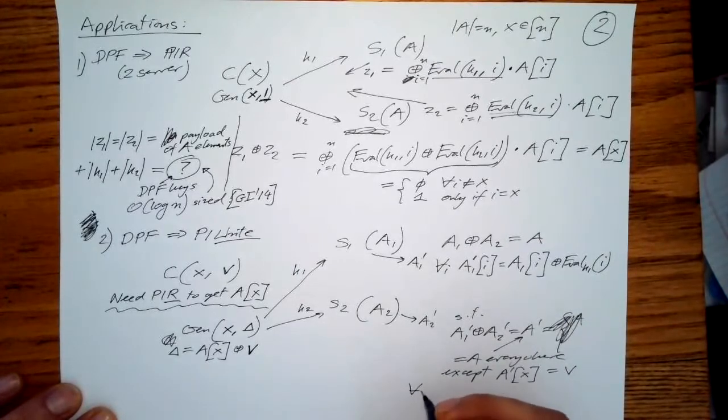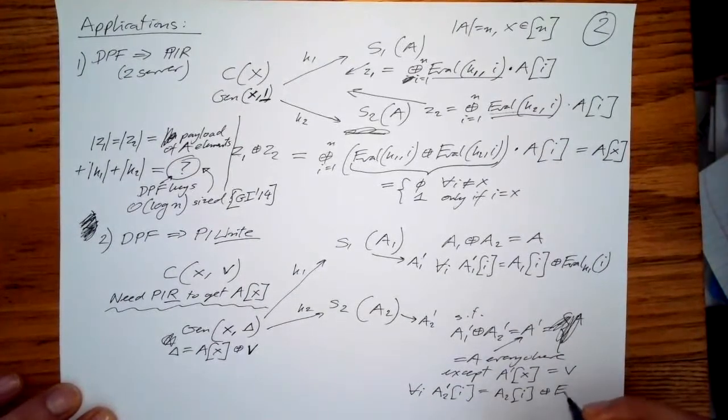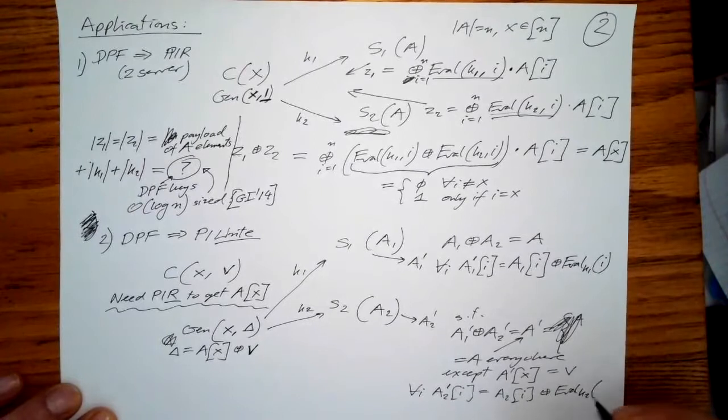So for every I, it sets A2 prime at I to be A2 at I XOR eval K2 at I.